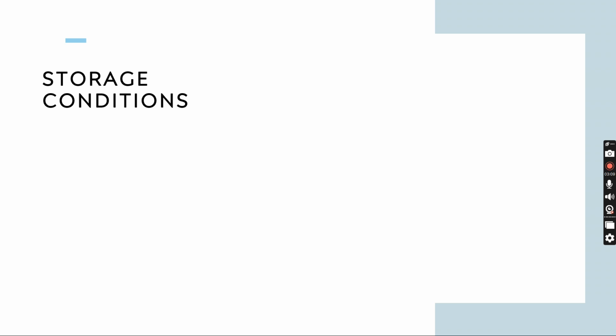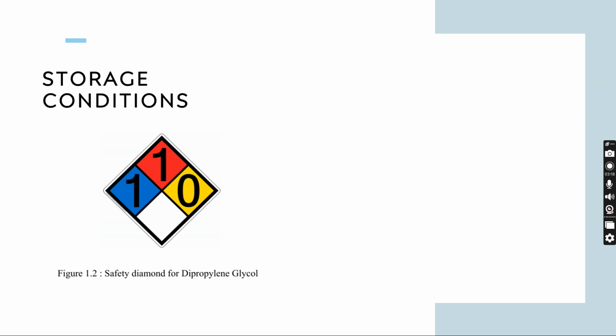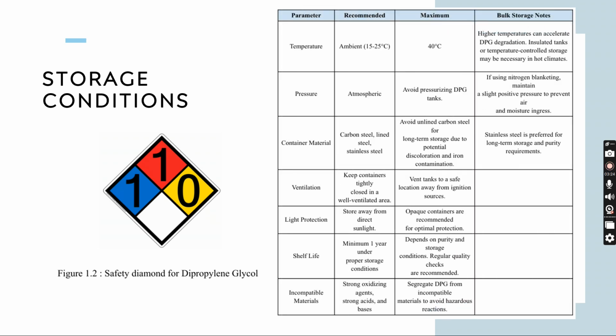And similarly, when we produce dipropylene glycol, it is essential to store it. For the storage of dipropylene glycol, we know the safety diamond; it is a relatively safe chemical. For the storage condition, temperature is most critical, because if you do not maintain the correct temperature, there is a chance of explosion in the case of chemicals. At ambient temperature, it is stored between 15 to 25 degrees centigrade.